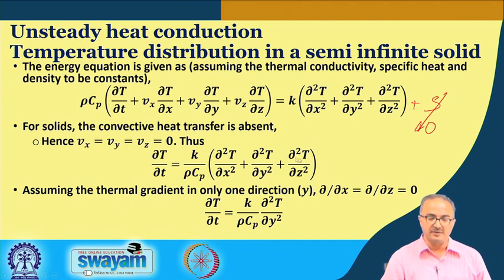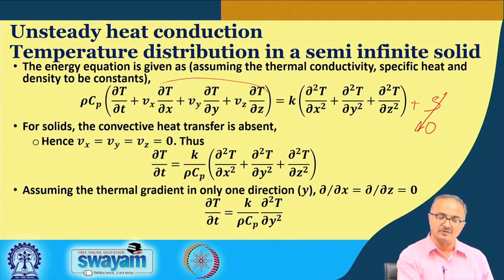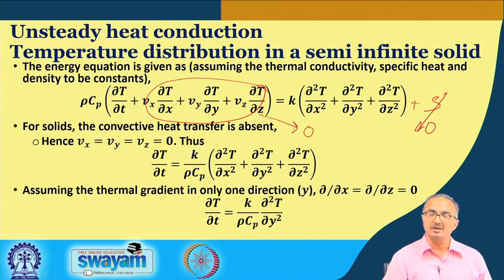With this assumption, in the solid we know there will not be any convective heat transfer, so all the velocity terms will be taken to be 0. So, we are left with only the unsteady state part.